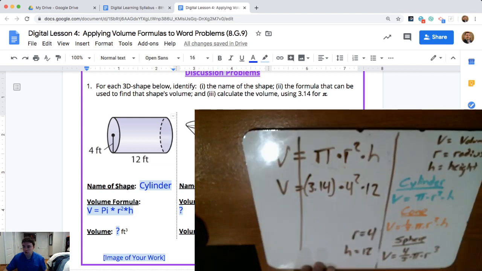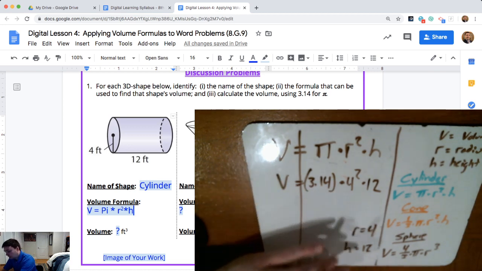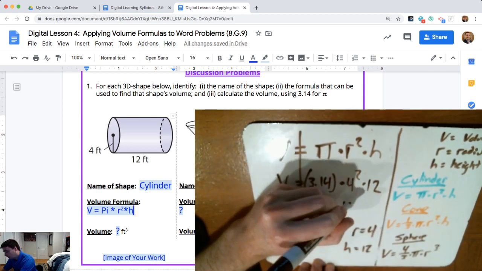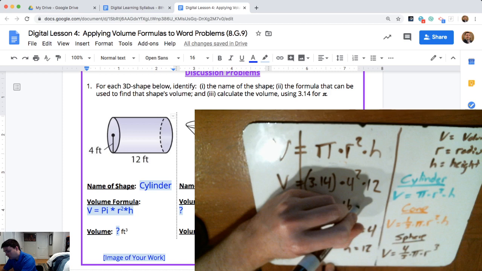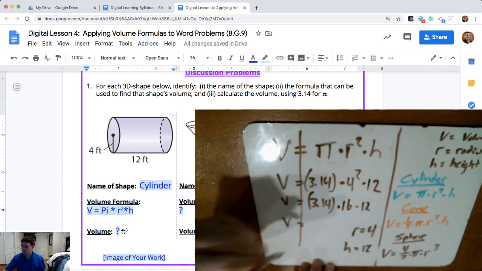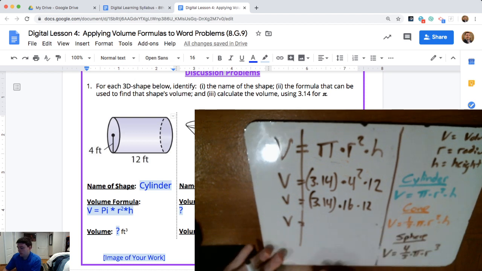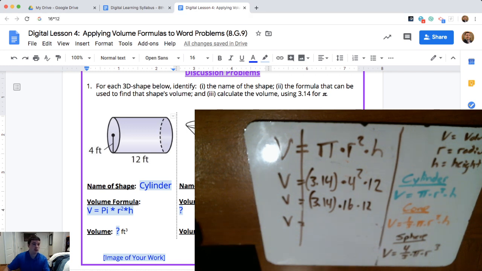At this point, if you've worked through this, feel free to identify for us in the chat what you ended up with for the correct or the final answer for the volume of this cylinder for number 1. 4 squared would give us 16. So this would become 16 times 12 times pi. 16 times 12 is going to give us 192.